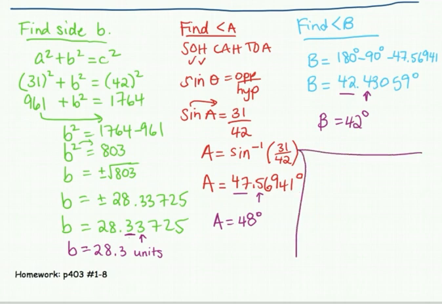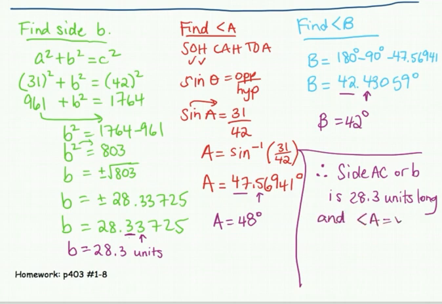Because it said to solve the triangle, so therefore you can say side b, so side AC, is 28.3 units long, and angle A is 48 degrees, and angle B is 42 degrees.